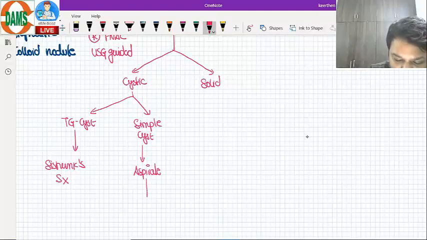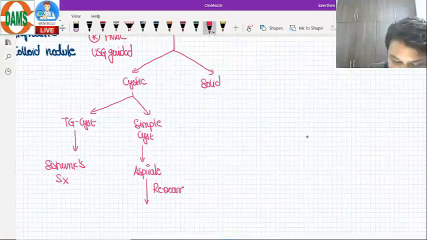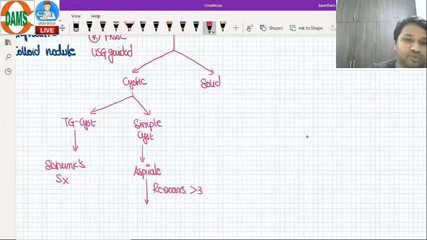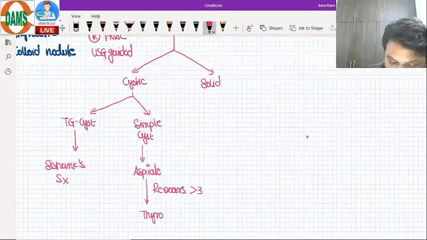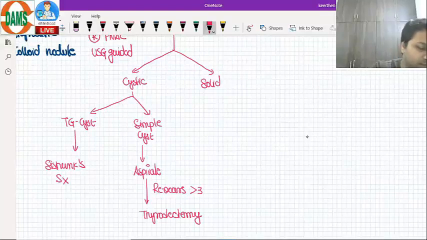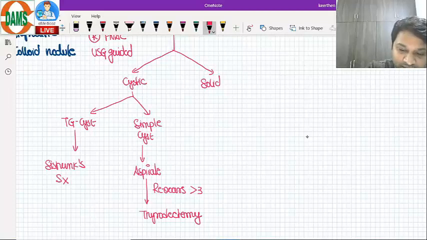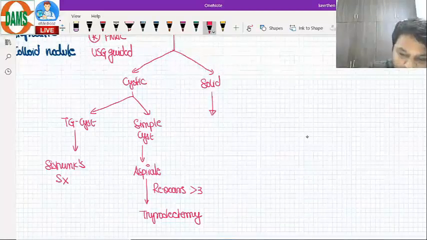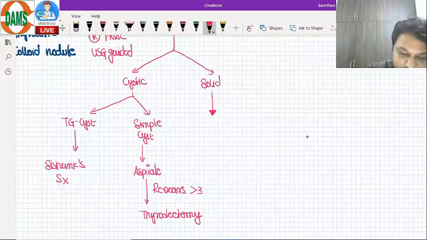Remember, you have to aspirate minimum 3 times. That means if it recurs more than 3 times, this is an indication for thyroidectomy. If it is a solid lesion, you can observe if it is asymptomatic.